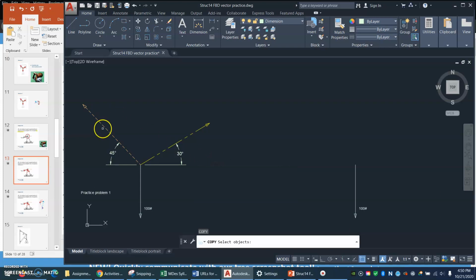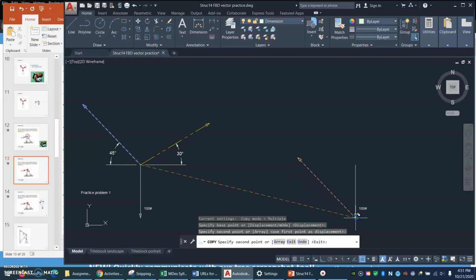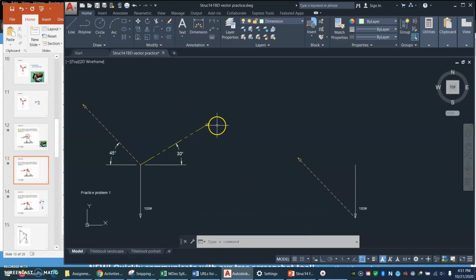Copy. I'm going to click my arrow, enter. I'm going to stick the tail of this one onto the tip of this one, so I will use that tail, that end point, as my copy base point. And I will drag my arrow over here. There. Yay! Now I'm going to copy this arrow, and I don't know how long this force is, but I do know that these guys have to go around in a circle tip to tail.